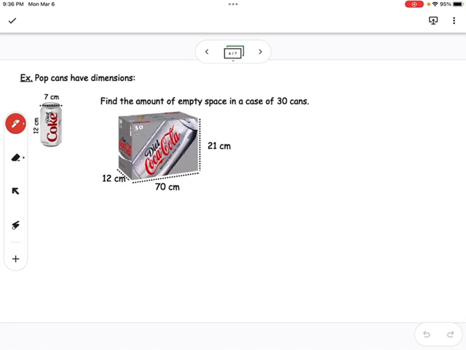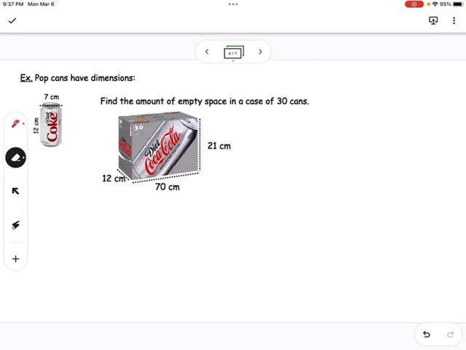And one more example to go through here. We have a pop can with the dimensions, the diameter of the pop can is 7 centimeters. The height is 12 centimeters. And we have a case of pop, and we are given the dimensions, the length of 70, the width of 12, and the height of 21 centimeters.